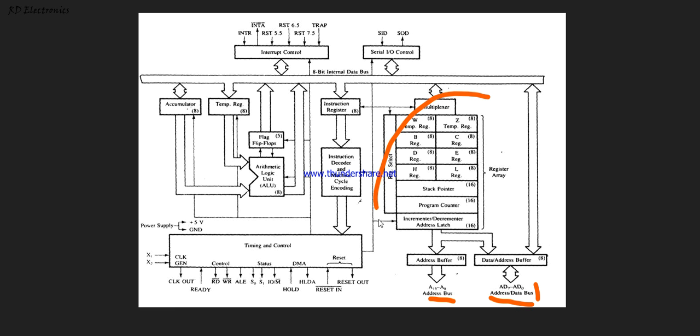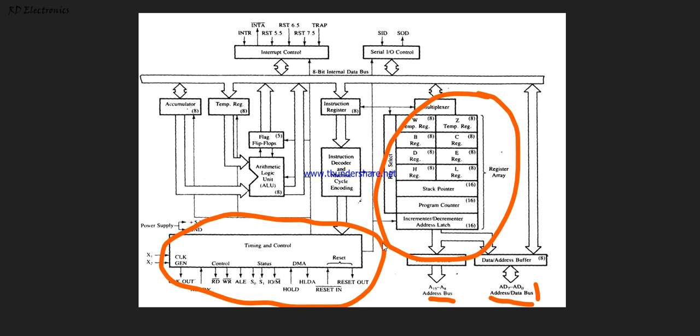So first, this is a block which is known as the GPR, general purpose register. And second block, this is known as the control unit, which is the heart or the brain of any microprocessor, because all operations are performed here. If any data is sent from this microprocessor to memory, or memory to microprocessor, or any data sent from this processor to the external world, like a keyboard, a printer, or a display, then all these operations are performed by this control unit.